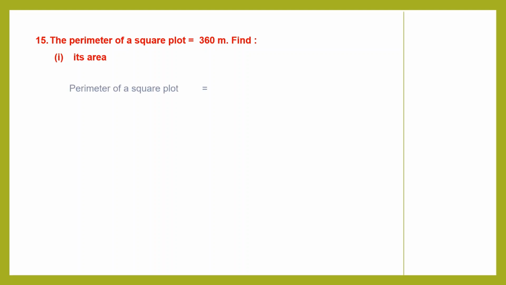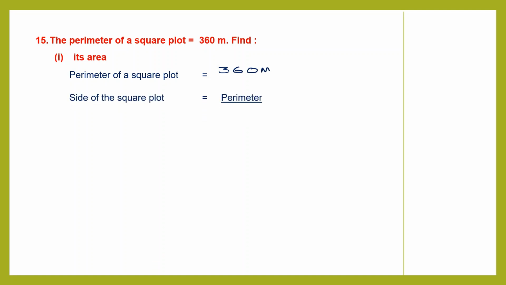So let's begin. Perimeter of a square plot is 360 meters. The side of a square plot with the help of the perimeter will be perimeter by 4. So perimeter is 360 meters. We're going to divide this by 4.